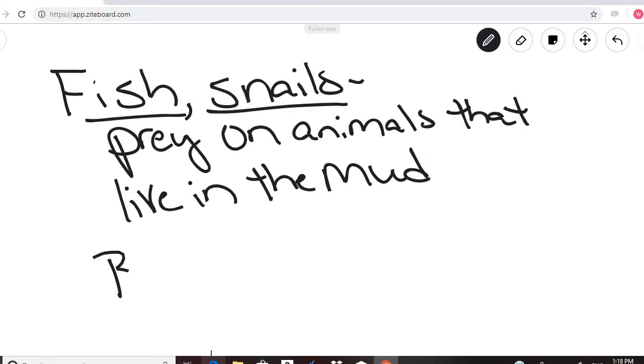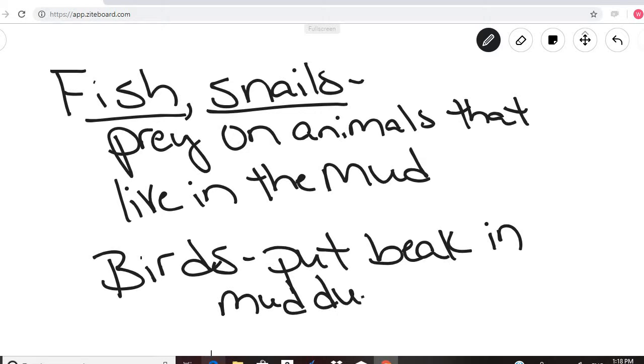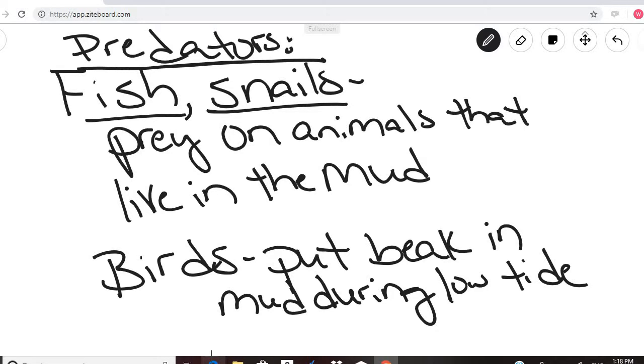And then, of course, birds also will put their beaks into the mud during low tide. So these are predators. What are the predators that organisms in the mud and sand have to deal with?